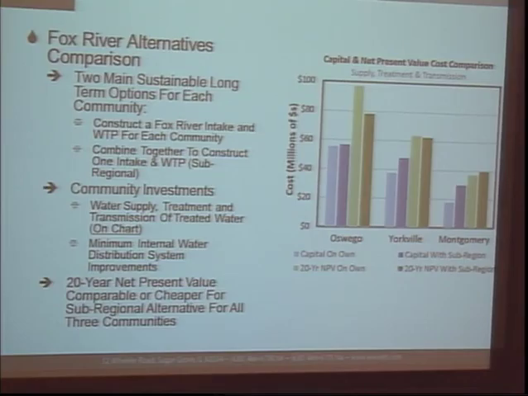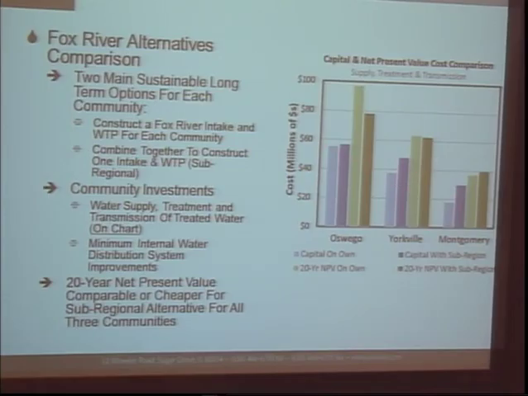The graph to the right summarizes the capital cost in light blue for each of the communities to go on their own. The dark blue right next to it is their capital cost if they go in sub-regionally with everybody else. And as you can see across the board, it's actually a little bit cheaper, even for Oswego, to go on their own from a capital cost.